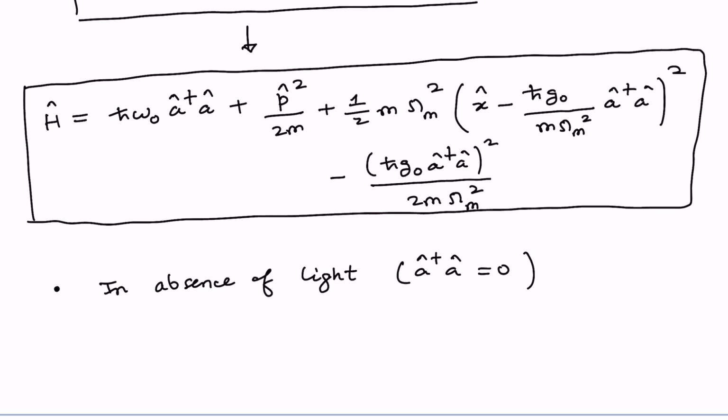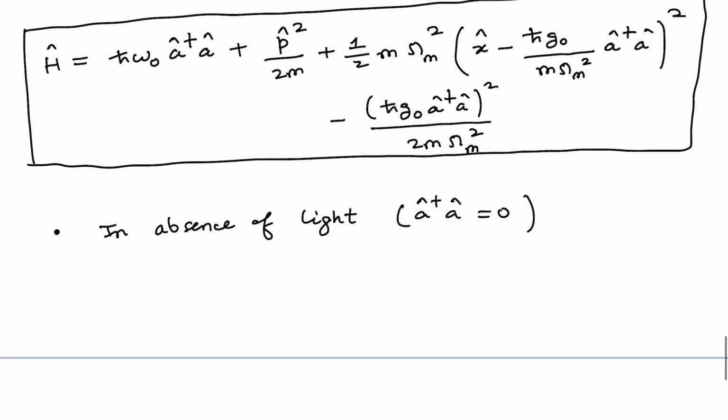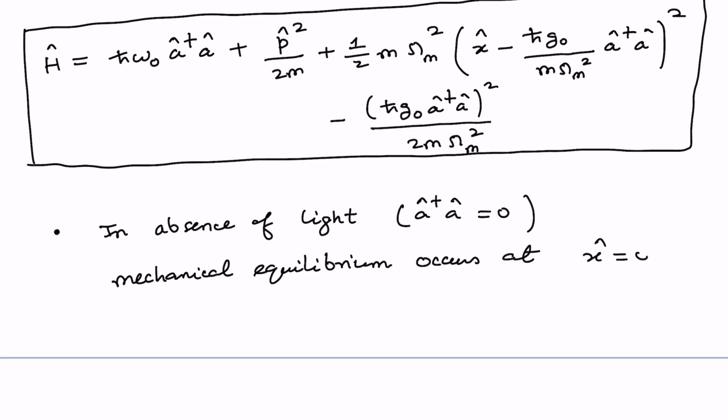the mechanical equilibrium occurs at x equal to 0, right? Because you see this term is going to be 0, and therefore mechanical equilibrium is going to happen at x equal to 0.